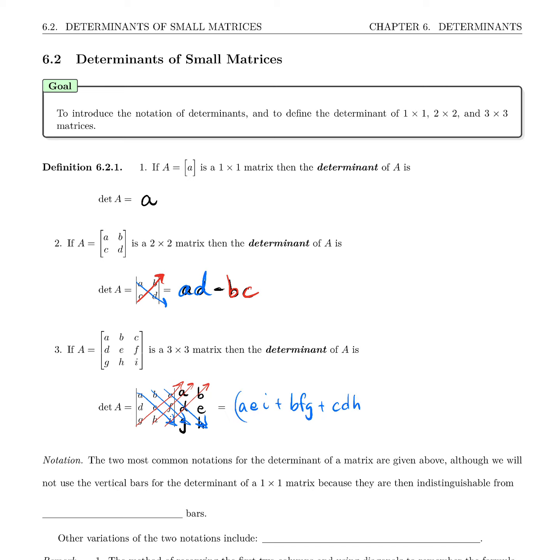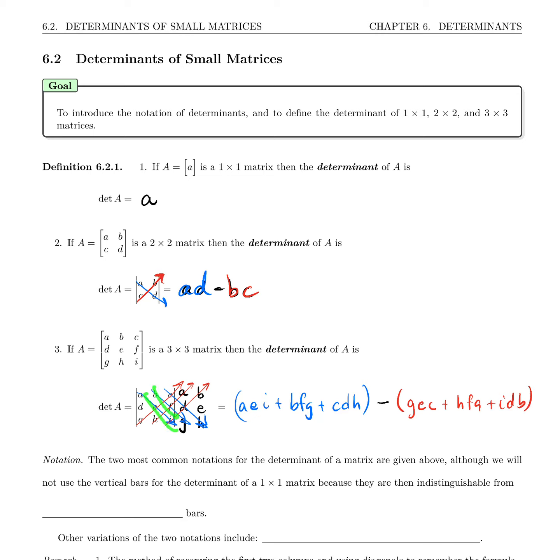And from that term we subtract the sum of the up products: GEC plus HFA plus IDB. So we're doing down, down, down, minus up, up, up. Right, so a very similar motion to here, except the down products have 3 terms and the up products also have 3 terms subtracted in between.